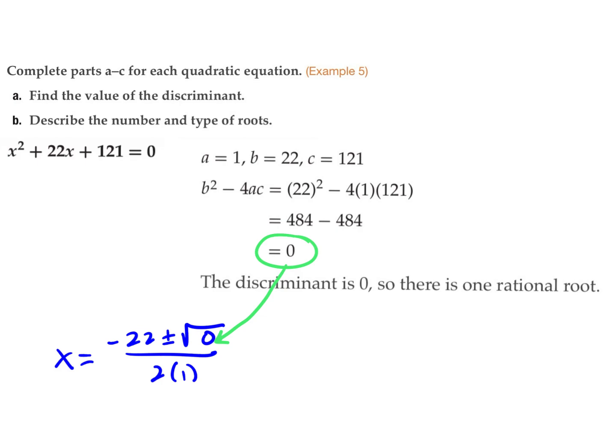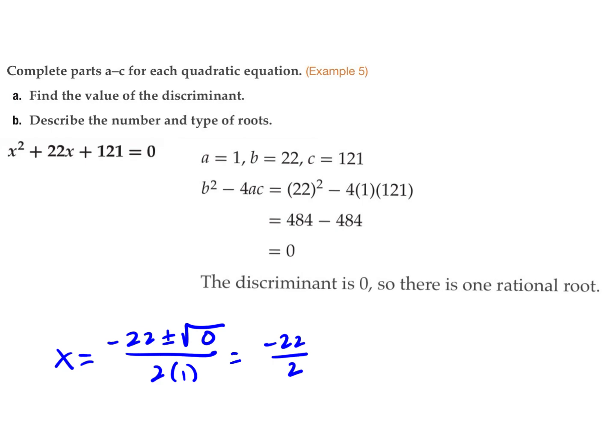My negative b, since b was positive, it turns negative. My a was 1. And like I said, this was the hardest part of our homework yesterday. And so in reality, what I have here is negative 22 divided by 2. Because I've been saying, when the discriminant is 0, the square root just drops out.